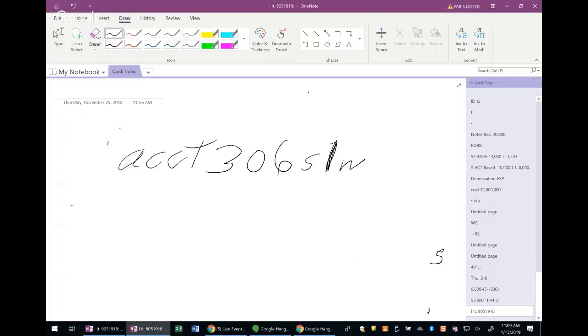Control delete. Clear. Is it Control delete? How'd you find that? That's smart. Well, it deleted some of it, but not all of it.